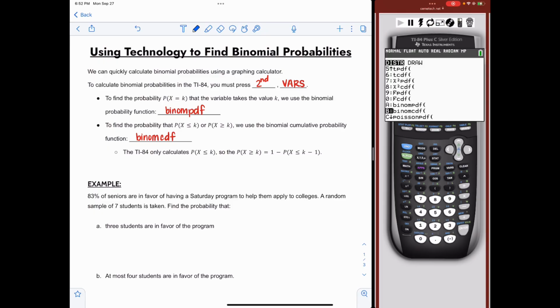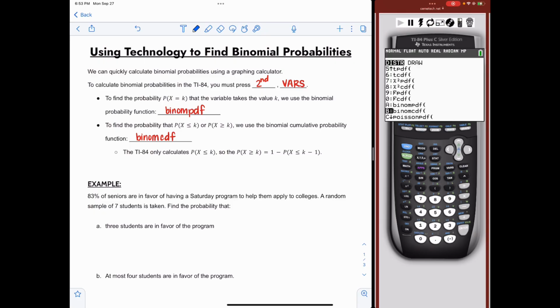That is like if I say, what's the probability that x will be equal to one number? To find the probability that x is less than or equal to some number, or greater than or equal to some number, we use the binomial cumulative probability function, which means that it's finding everything up to a certain point.